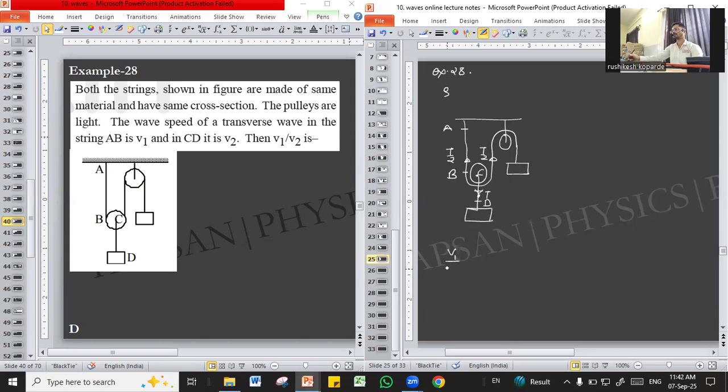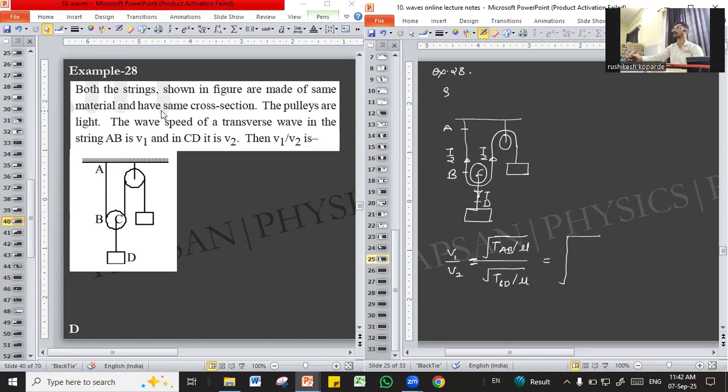So V1 by V2, V is equal to under root T by mu. So tension in the AB section upon mu, upon tension in the CD section upon mu. No need to say mu1, mu2. They are made up of same material and have same cross section.